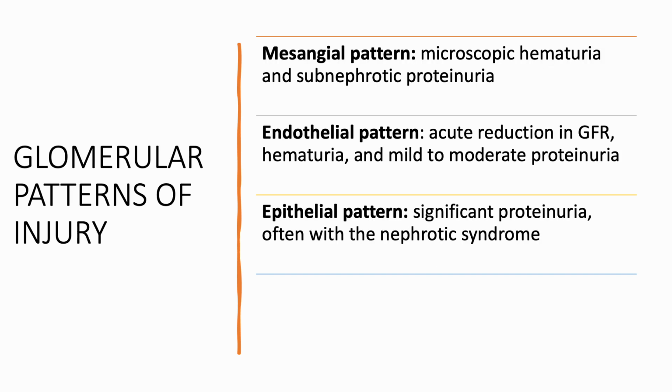Patterns of injury. Now, this is the biggest secret about glomerular diseases. When you read a pathology report, when we throw terms like focal segmental glomerulosclerosis, crescentic glomerulonephritis, membranoproliferative glomerulonephritis, this is a pathological diagnosis. This describes a pattern of injury.